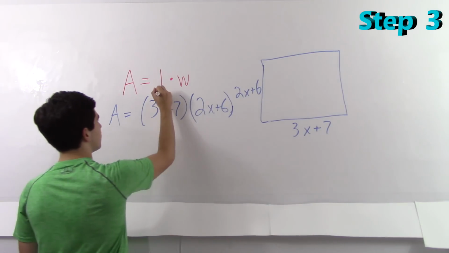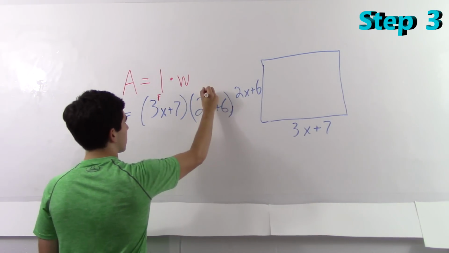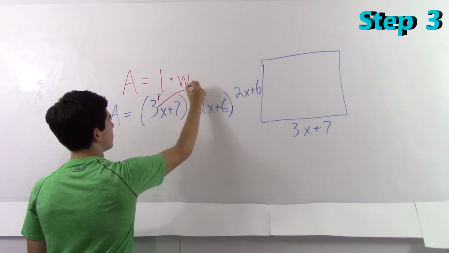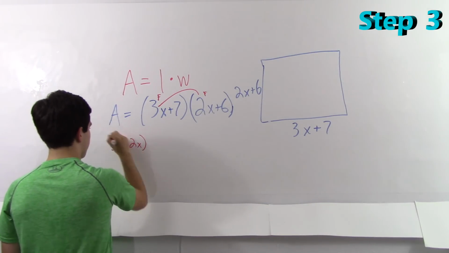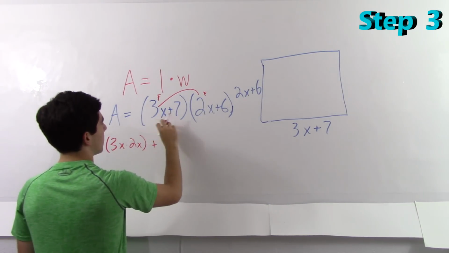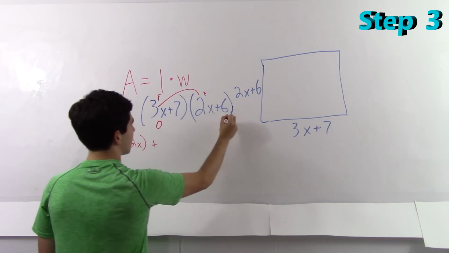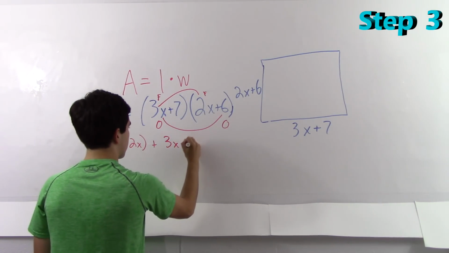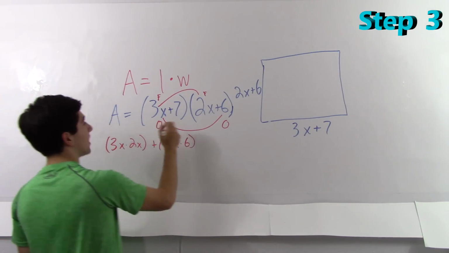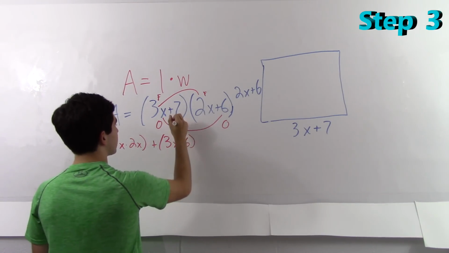So our first terms, 3x and 2x. Our outside terms, 3x and 6. Our inside terms, 7 and 2x.